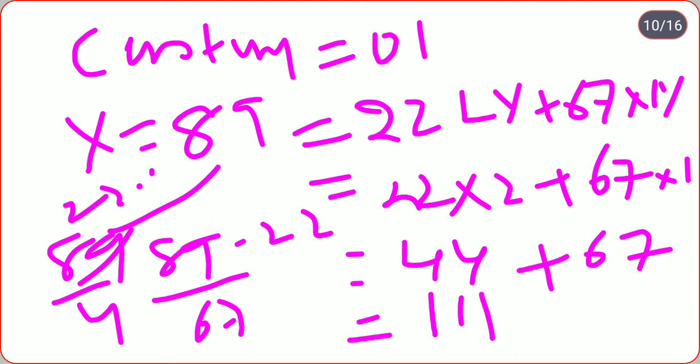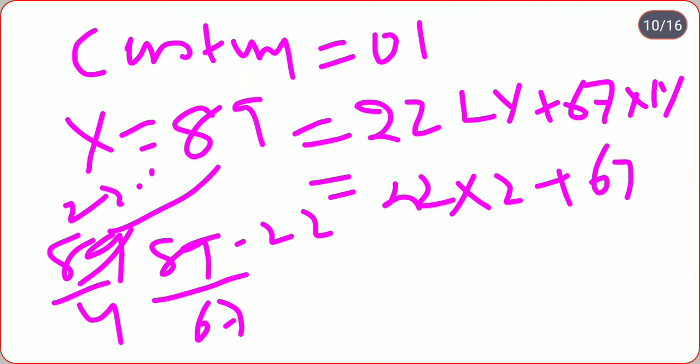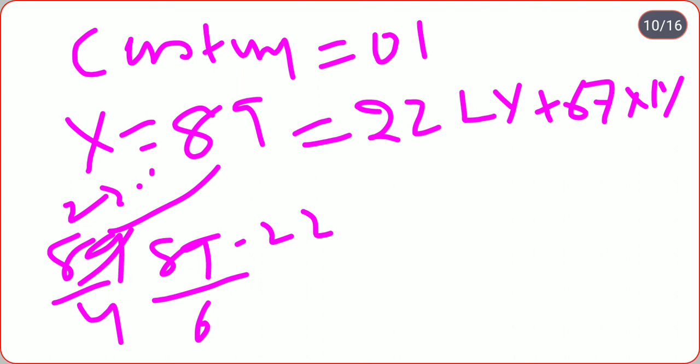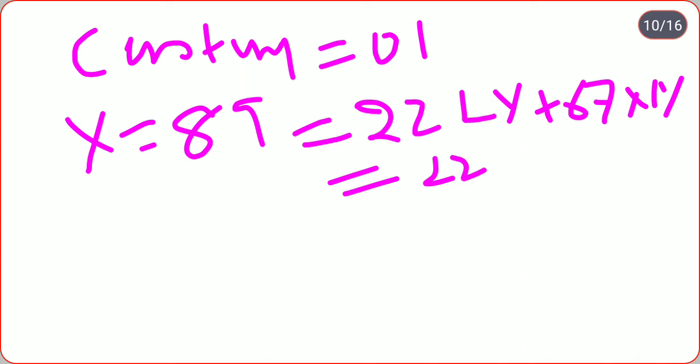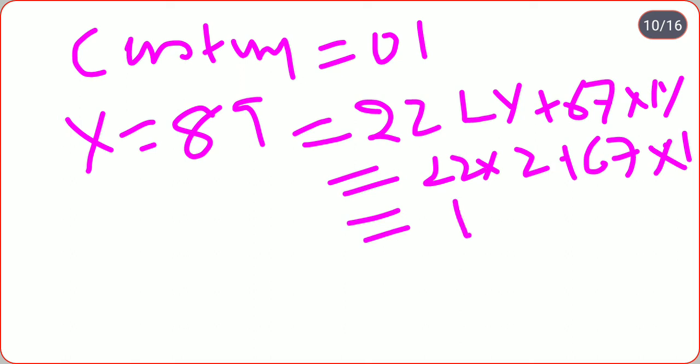Again, the month code. 22 into 2 plus 67 into 1 is equal to 111.